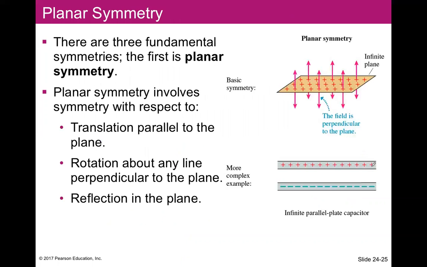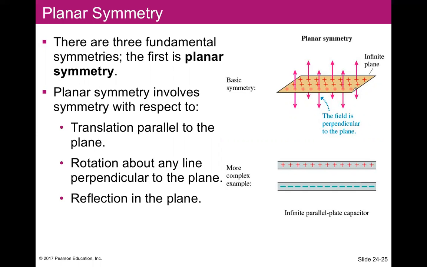Now let's see, for using Gauss's law, there are three fundamental symmetries that can easily convert the integral into a simple calculation. The first is planar symmetry. Suppose you have a plane which is uniformly charged, the charge density is uniform.